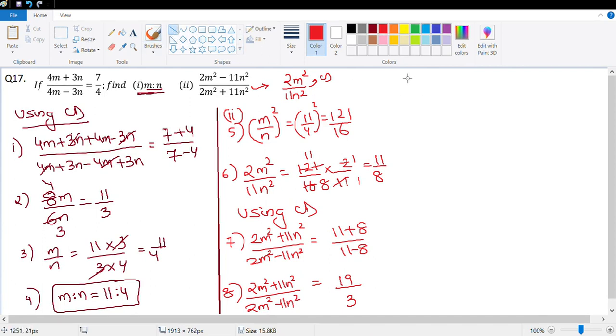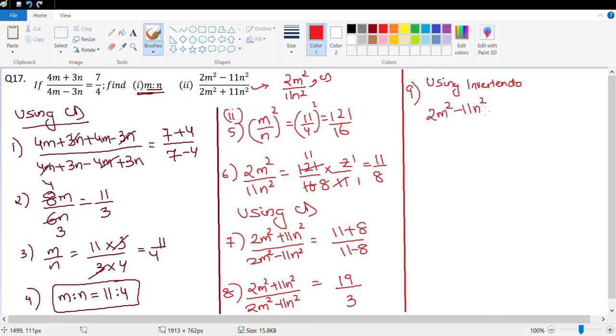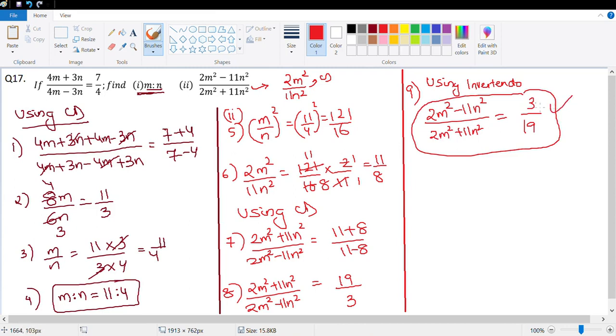But in the question, they want the negative sign in the numerator, which means we are looking at taking reciprocal of both sides, which is known as invertendo. So using invertendo, we get 2m square minus 11n square upon 2m square plus 11n square is equal to 3 upon 19. That's our final answer. Good, let's look at the next question.